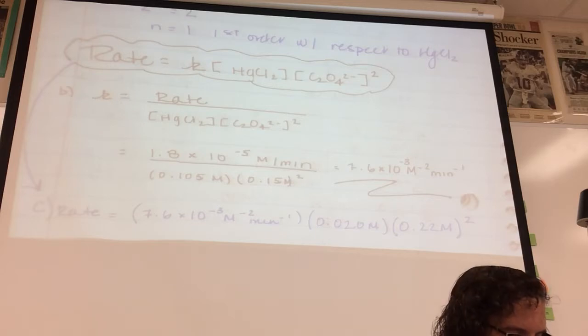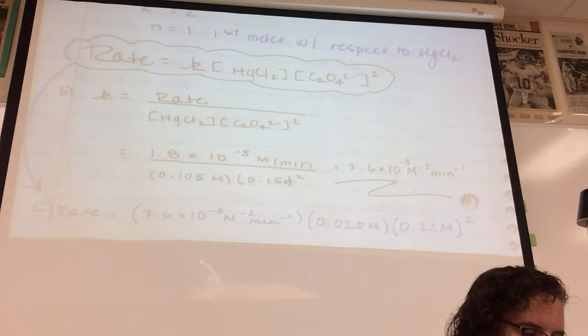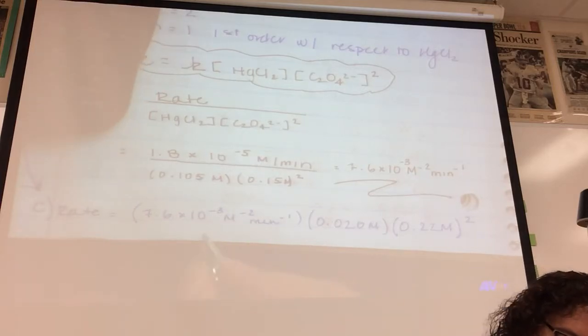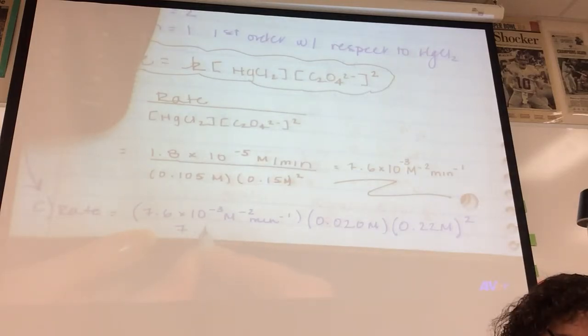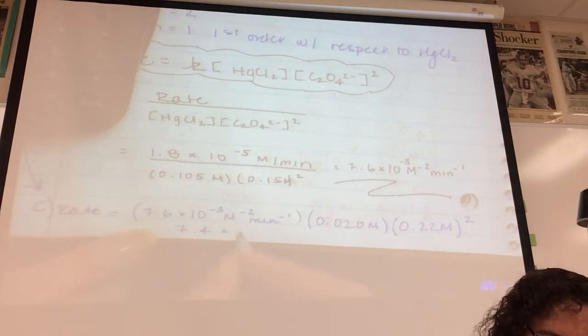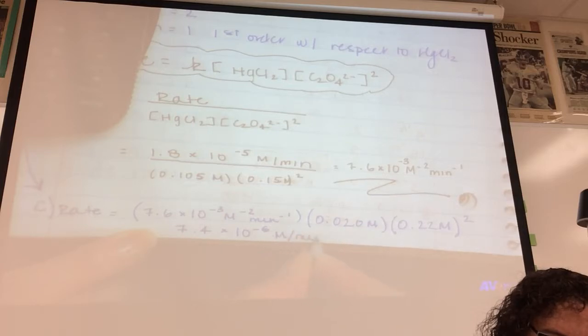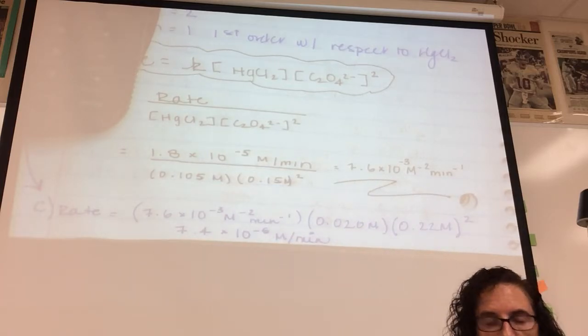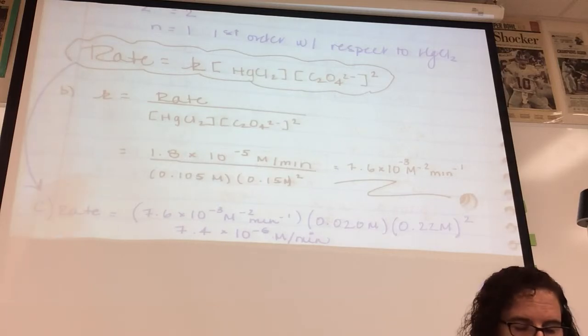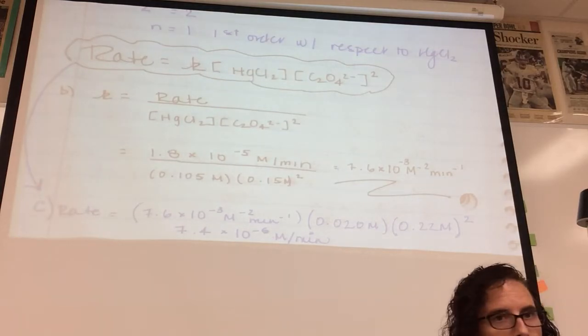And what you've got is 7.6 EE -3 times 0.02 times 0.22 squared, and that's going to be equal to 7.4 times 10 to the negative 6 molar per minute. So what seemed very hard, it really all falls into place.